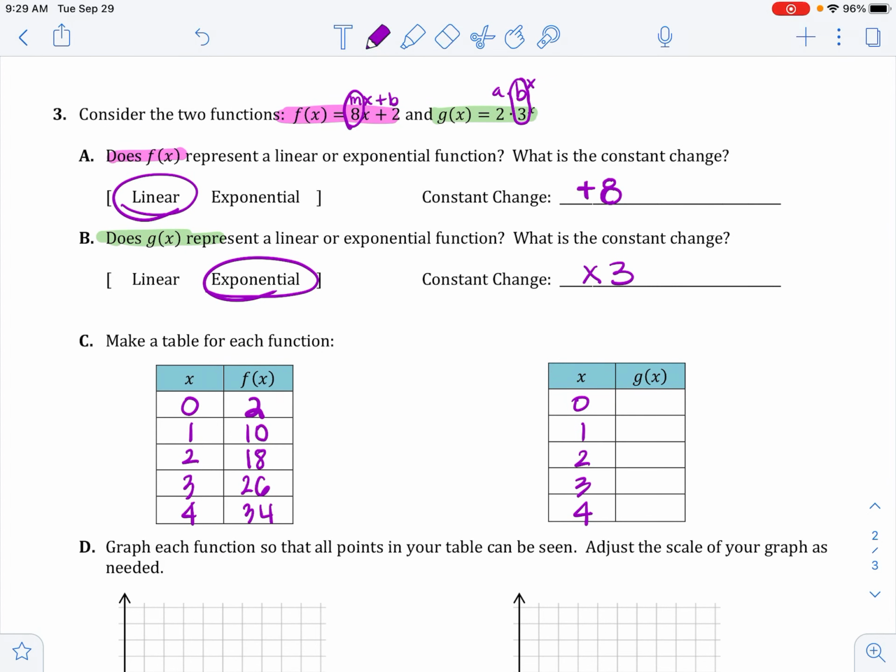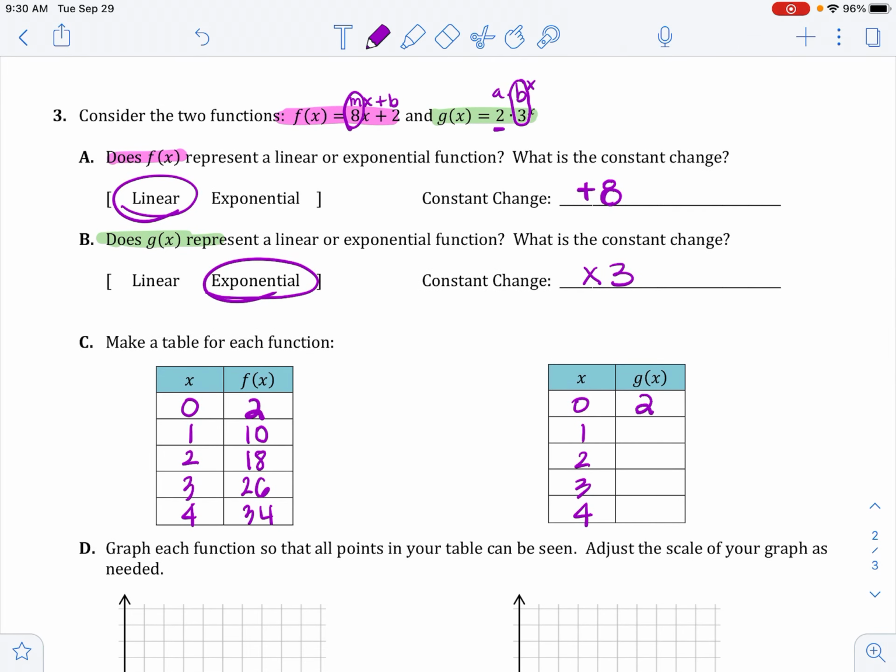All right, now I'm going to do the next one. If I plug in 0 for x, I get 2 for g of x. Or I can say, oh yeah, what's my initial amount? It's a, which is 2. Now to get each additional, I'm going to use my multiplier of 3. So times 3 is 6, times 3 is 18, times 3 is 54, times 3 is 162.